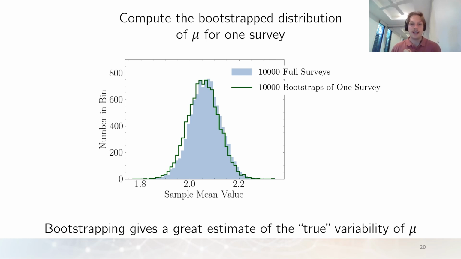The reason for that is because the bootstraps will have a mean about the true mean in that single survey that they've been bootstrapped on. So in this particular example, the true mean of the one survey is slightly lower than the overall mean of our 10,000 surveys. So that's why there's this little bit of a shift. The shift itself is not important. What's crucial is that the variability matches.